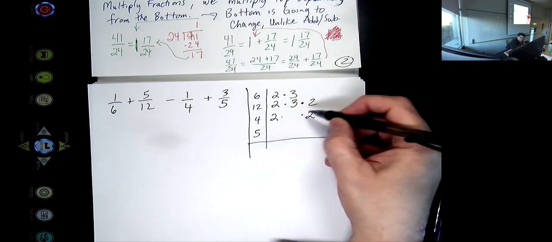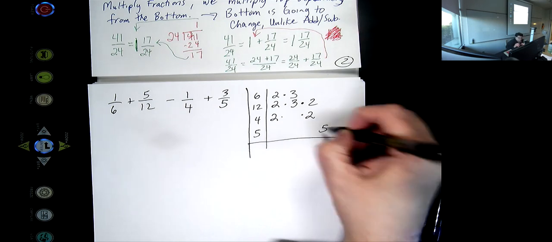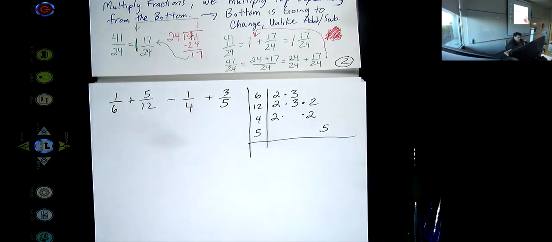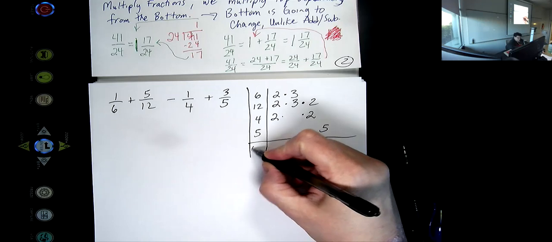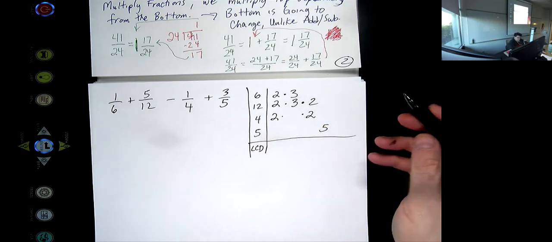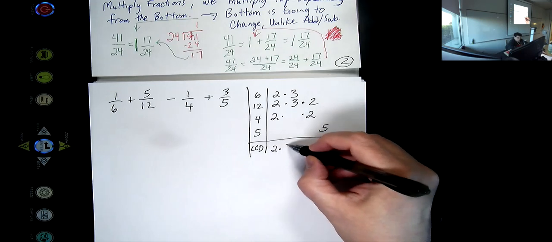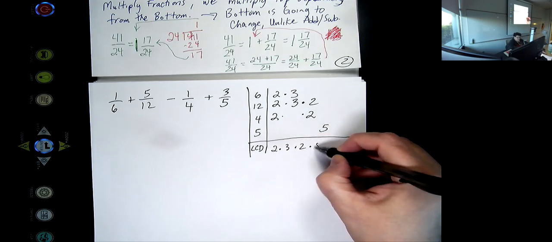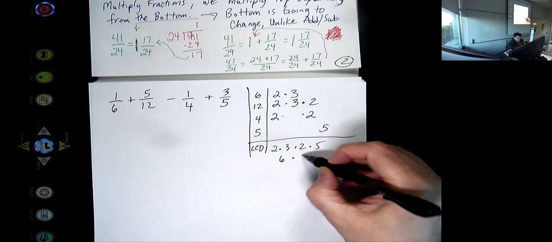And 5 doesn't show up in any column, so it gets its own column, and it's a prime number. So your least common denominator should be 2 times 3 times 2 times 5. 6 times 10 is 60.